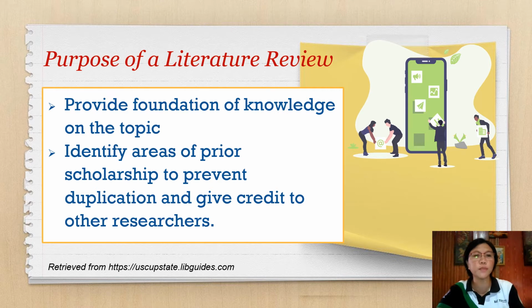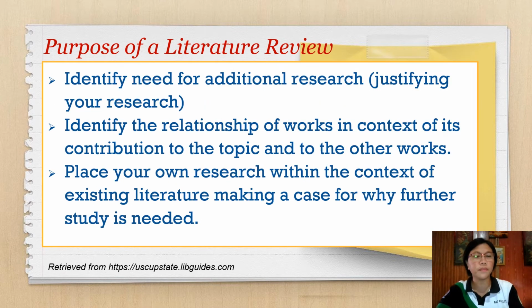Next is to identify the need for additional research. We have to justify our research. Identify the relationship of works in the context of their contribution to the topic and to other works. And finally, place your own research within the context of existing literature, making a case for why further study is needed.